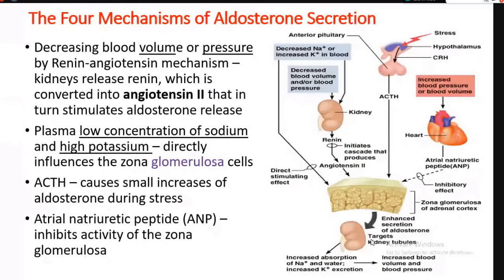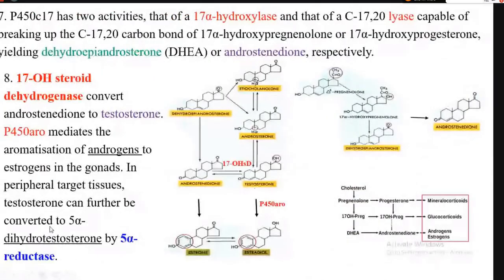Now there are four mechanisms of aldosterone secretion. Remember: decreased blood volume, low plasma concentration of sodium, increased secretion of ACTH, and atrial natriuretic peptide.